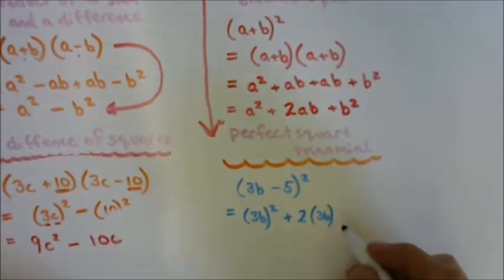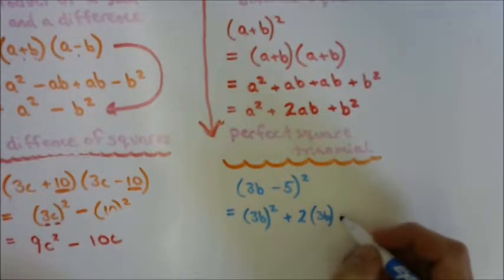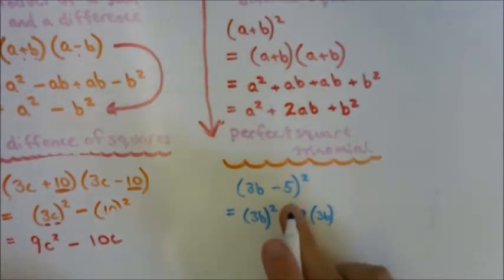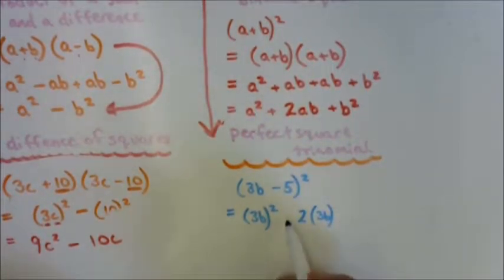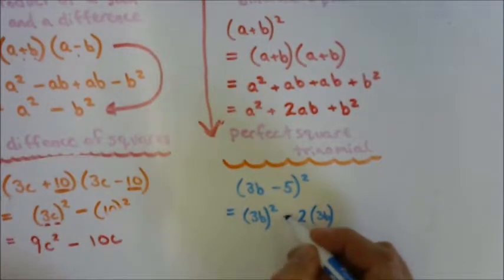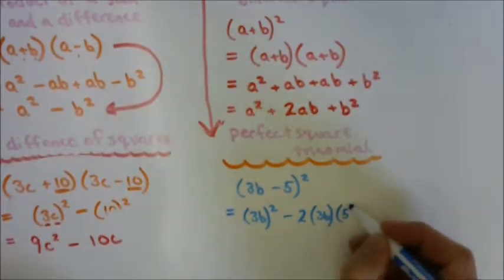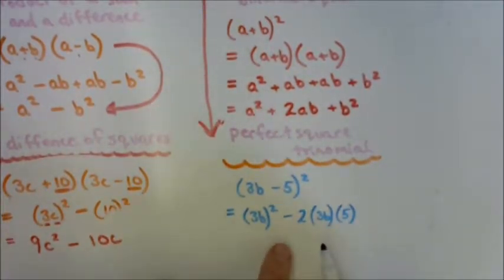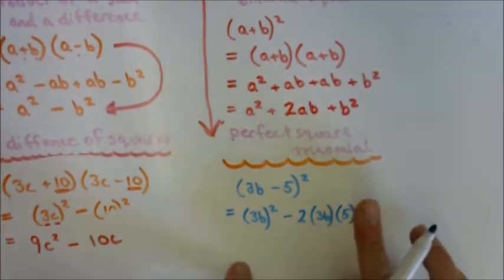And what's B? B is not negative 5. Careful. It's 5. Oh, and actually, we used the wrong pattern, because if it's a negative sign in between. Why is it not negative 5? Personally, I like what you're saying, Vlad.